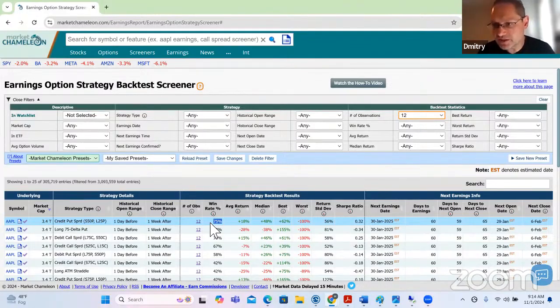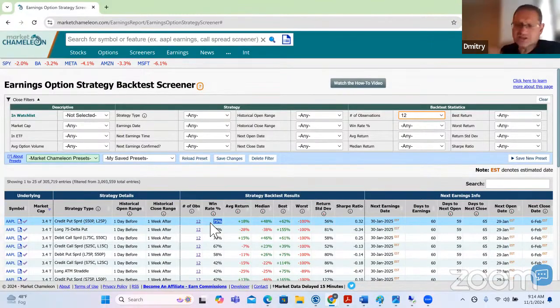So in the credit put spread, if you sold it, and then at the end of that period it was worth less, it would be profitable, right? Because when you sell something, you want it to be worth less so you could buy back cheaper. That here is telling us that it happens 75% of the time in those historical observations.